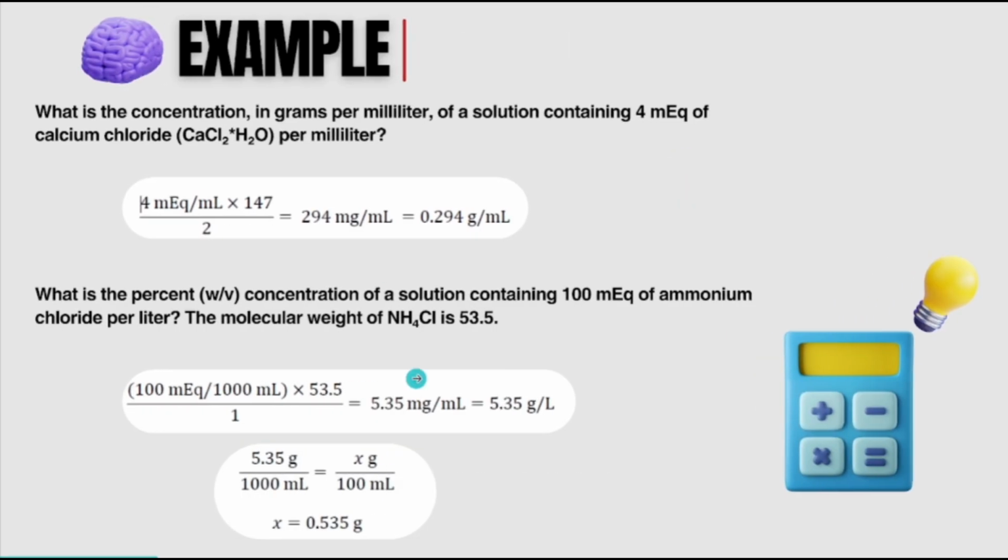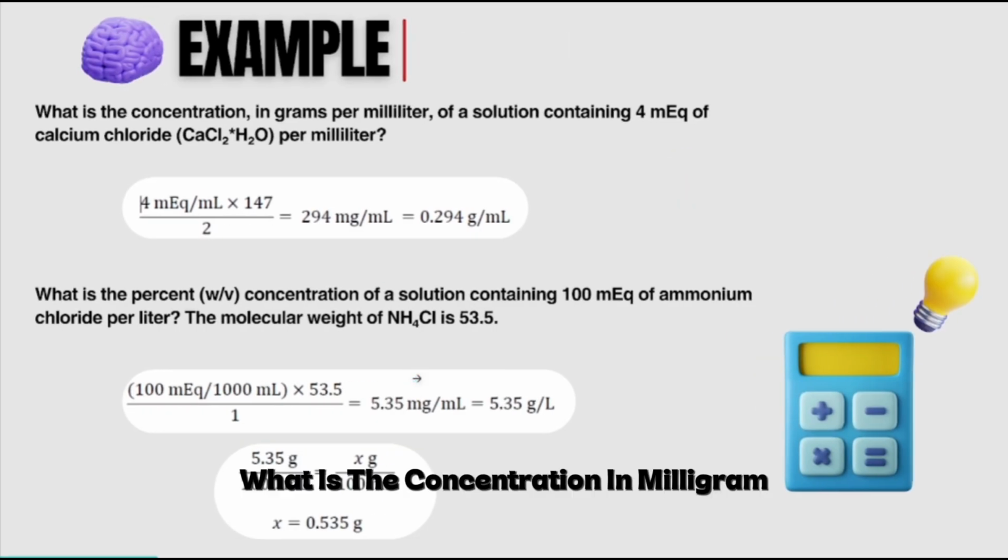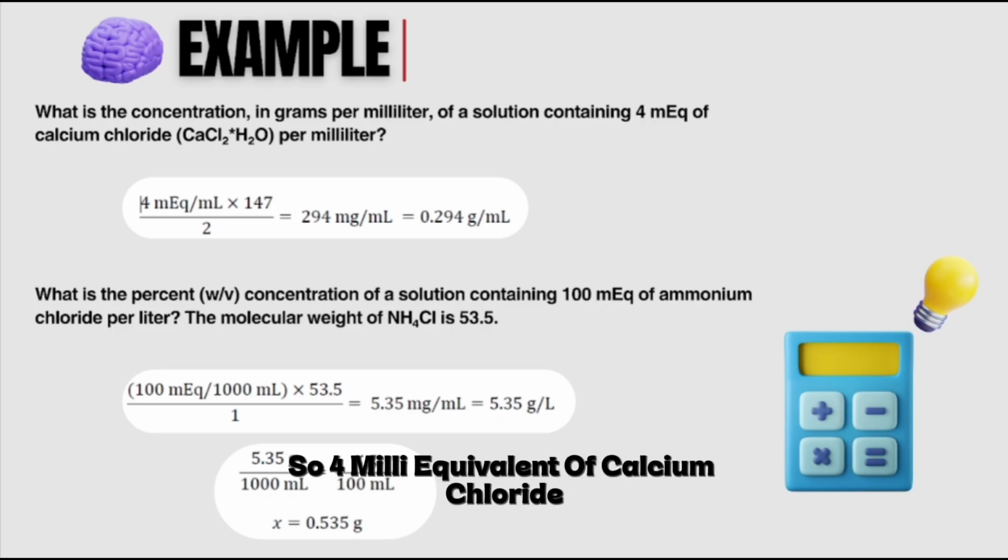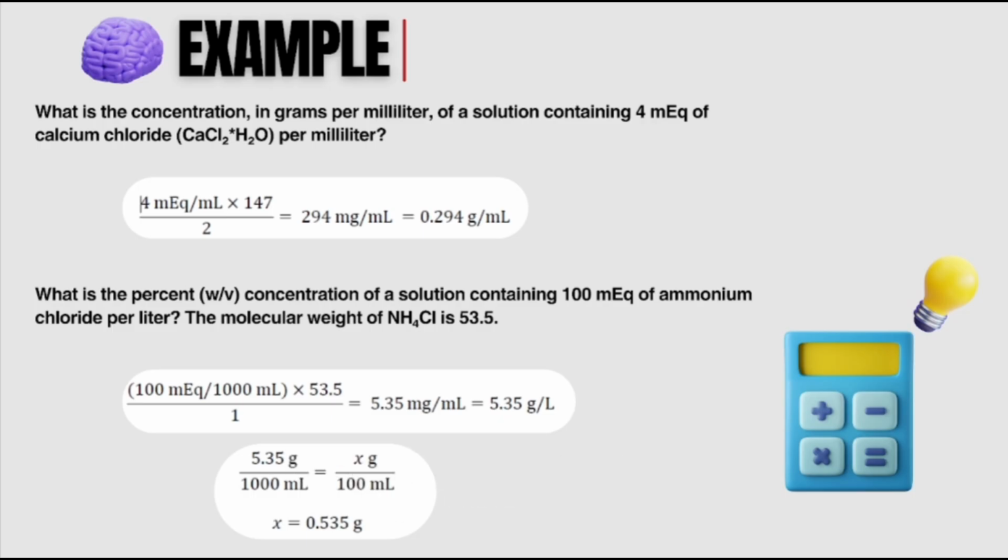Another example: what is the concentration in milligram per milliliter of a solution containing 4 milliequivalent of calcium chloride per milliliter? So 4 milliequivalent of calcium chloride is equal to 294 milligram per ml.